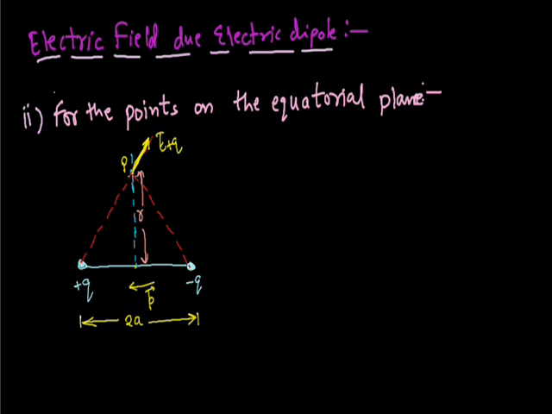We have an electric field due to the minus q charge at point P, E minus q, and that electric field is along the line which is connecting minus q and point P.